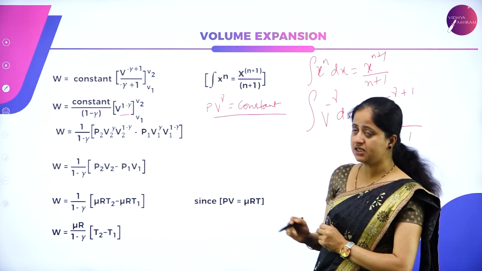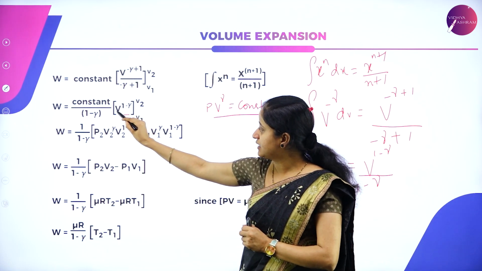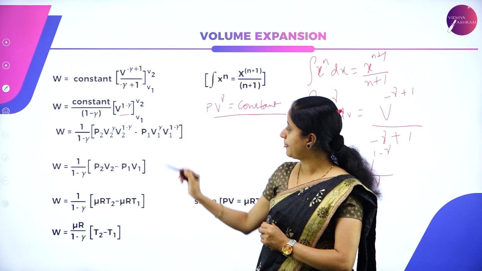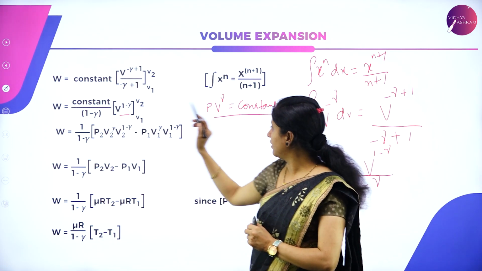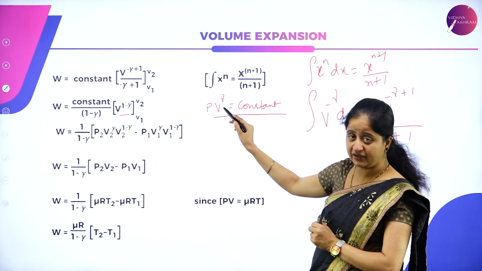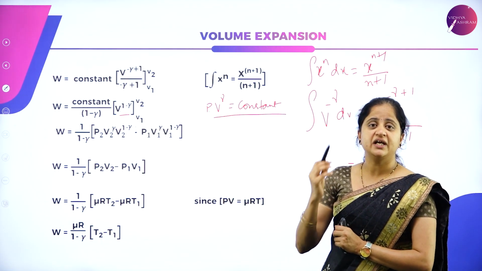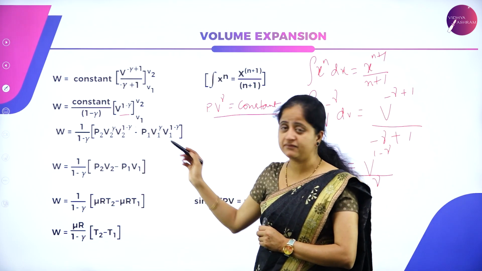The variable here is V, so substituting the upper limit, V2 to the power 1 minus gamma, minus the constant, which by substituting is of the initial state, hence it is P1 V1.